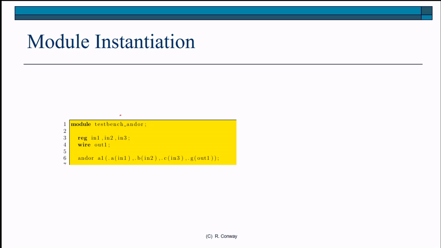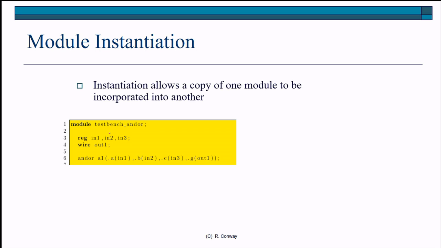The idea of module instantiation is important, and in the last slide, the and/or module is incorporated into the test bench by instantiating, or creating an instance of, that module, and connections to the ports are made as part of this instantiation. Instantiating a module allows a copy of that module to be incorporated into another.